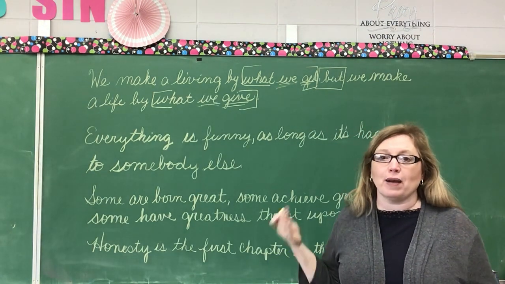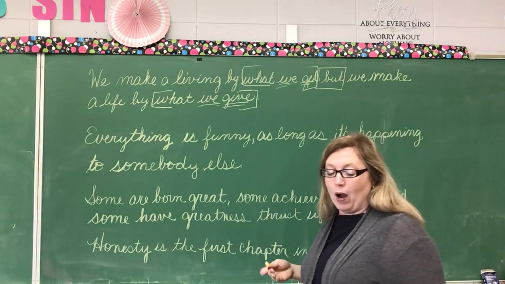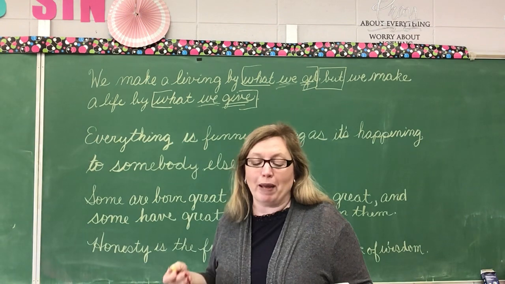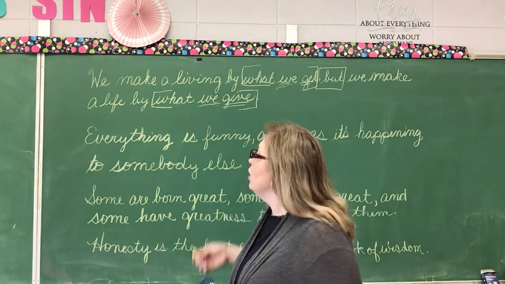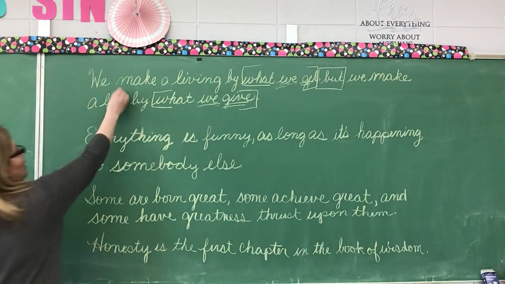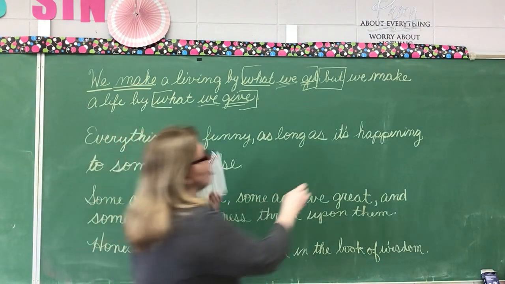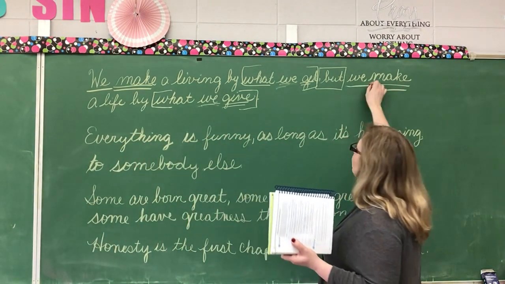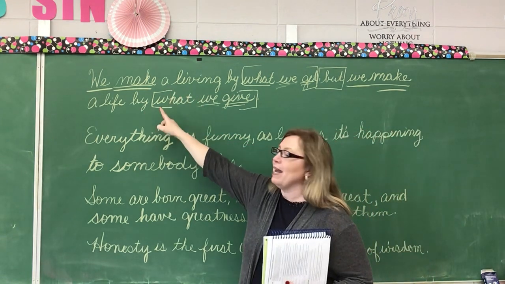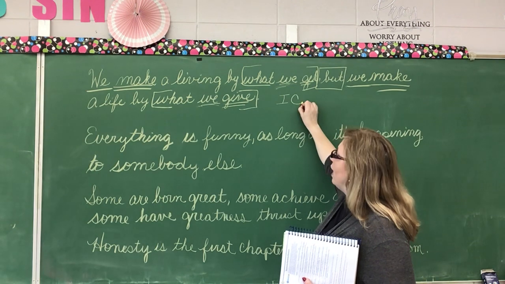Now let's look at the rest of our sentence. Okay, we make a living by what we get. We make a living by what we get, but we make a life by what we give. So our verb is over here, and our independent clause is make. Who or what make? We make. Down here in our second one, we have make. Again, who makes? Now, so let's look at this. We have we make, and I'm going to write right here underneath it, it's an independent clause.